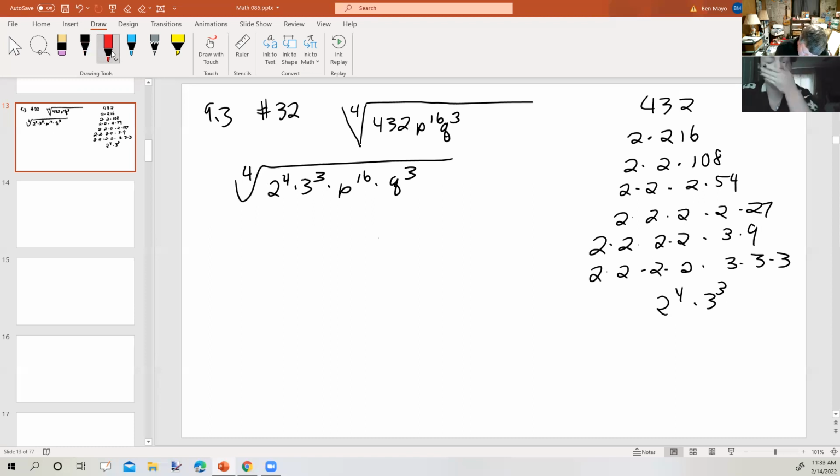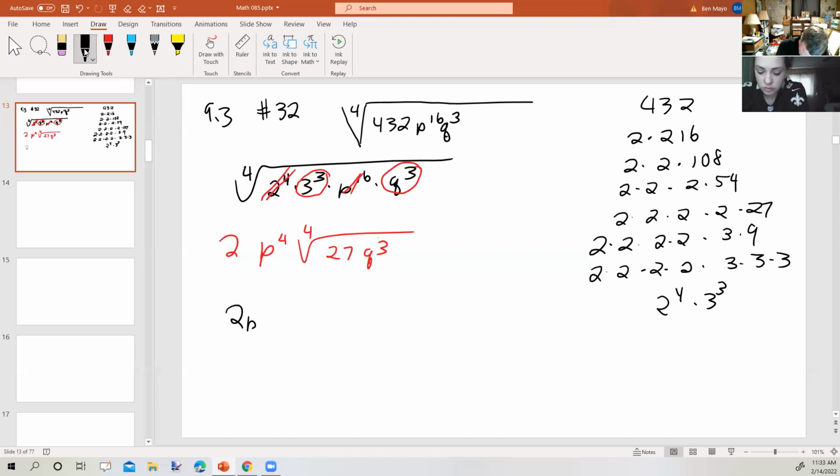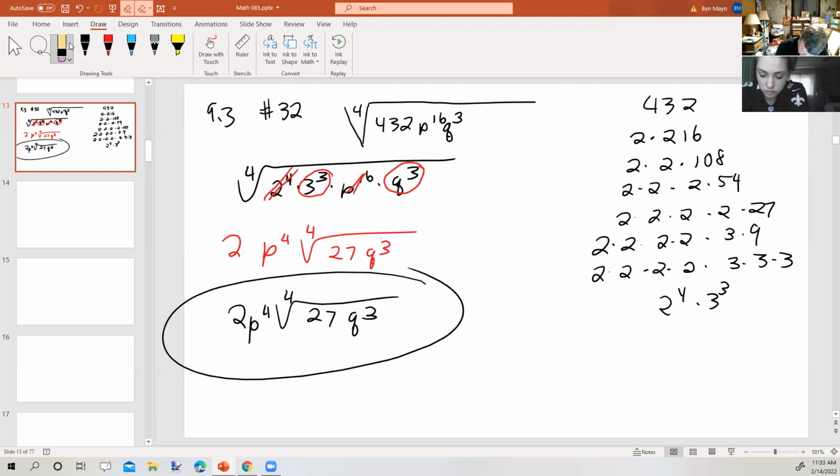The fourth root of 2 to the 4th power would be 2 on the outside of the radical. 3 cubed can't go anywhere. P to the 16th, take the fourth root, would be p to the 4th power outside, and q cubed can't go anywhere. So I'm going to have 2 p to the 4th times the fourth root of 27 q cubed.